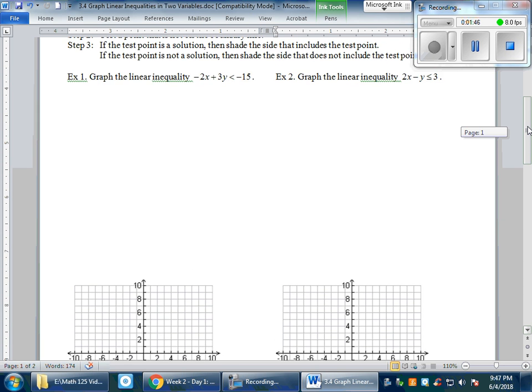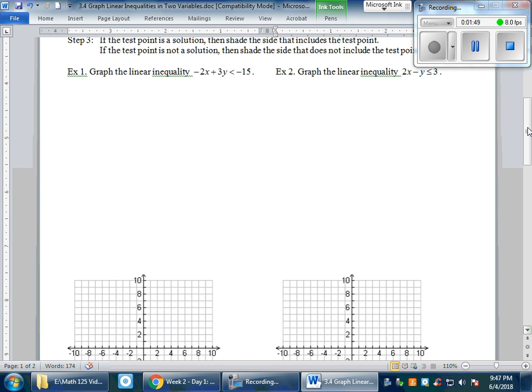First example. To graph the solutions of a linear inequality, first we're going to draw the boundary line.